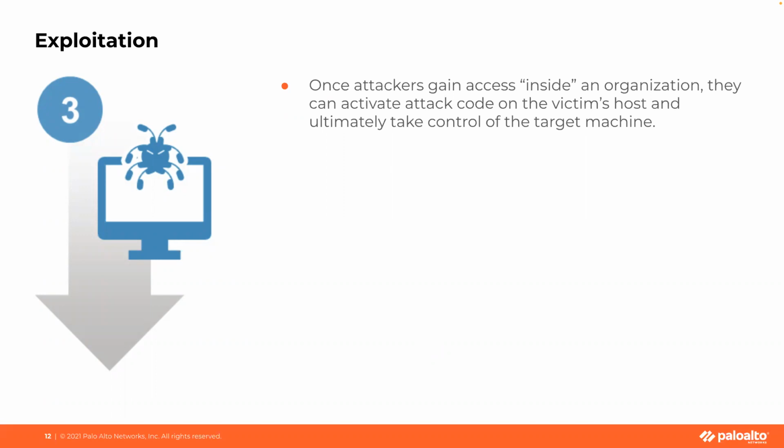Or if it's, let's say, a web server or some other application server, it could be trying to exploit that service itself, right? So definitely targeting the vulnerability on the software side rather than trying to trick the user into running something. But in any event, the goal of the attacker is to activate their code on the target endpoint.